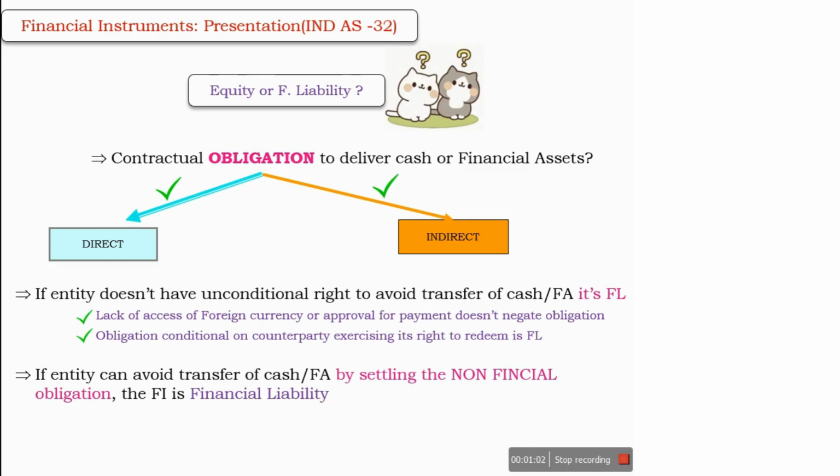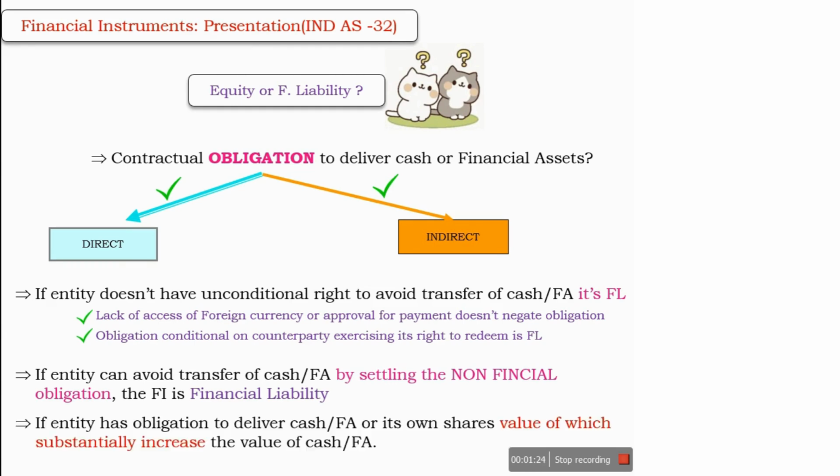This will arise when a financial instrument contains a non-financial obligation that must be settled if and only if the entity fails to make distribution or redeem the instrument. In that case, this instrument will be classified as a financial liability.